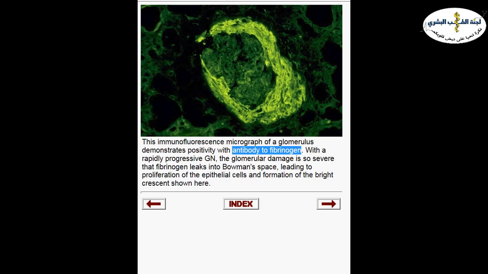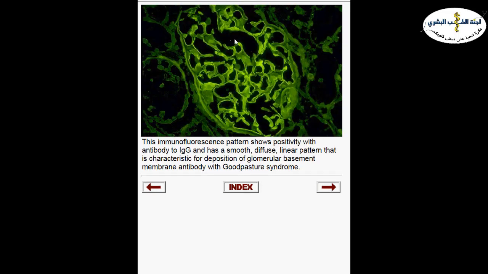In immunofluorescent microscopy, we can see there is positivity within the crescent for this fibrinogen protein. Fibrinogen was one of the initial proteins that irritate the Bowman's capsule, irritate the parietal epithelial cell, and lead to this abnormal crescentic proliferation and crescent formation.